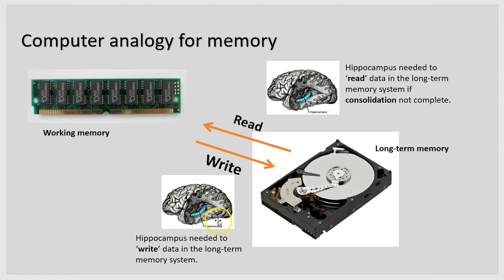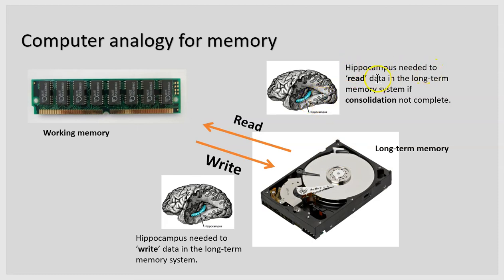Using a computer analogy, remember, we need the hippocampus to write data to the hard drive. And HM and Clive, having damage to this structure, cannot write new information to their hard drive. They can't make new episodic memories and neither semantic memories. But now we're seeing we also need the hippocampus to read the data from the hard drive early in the learning process.